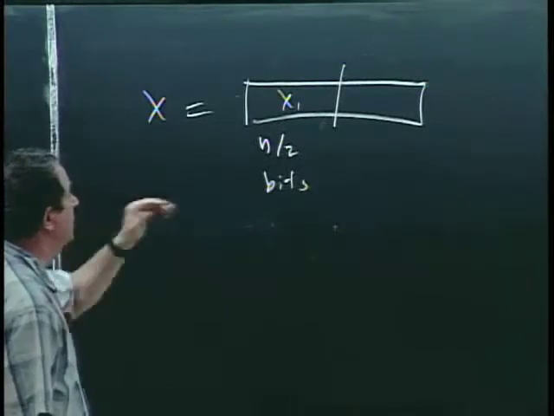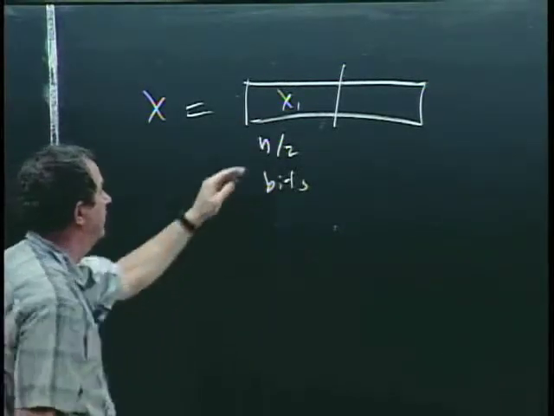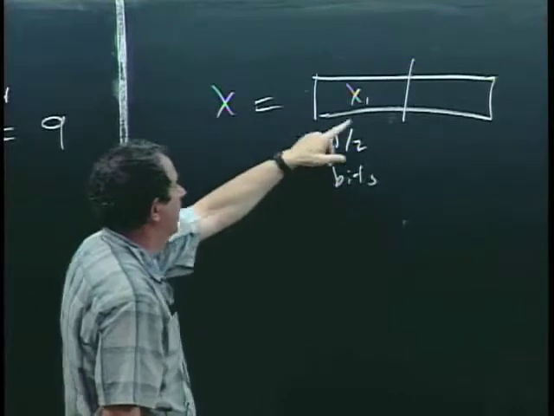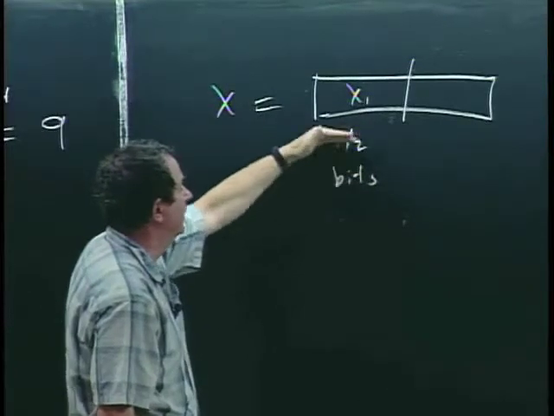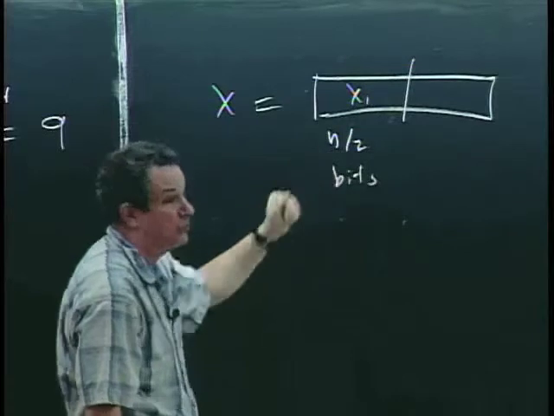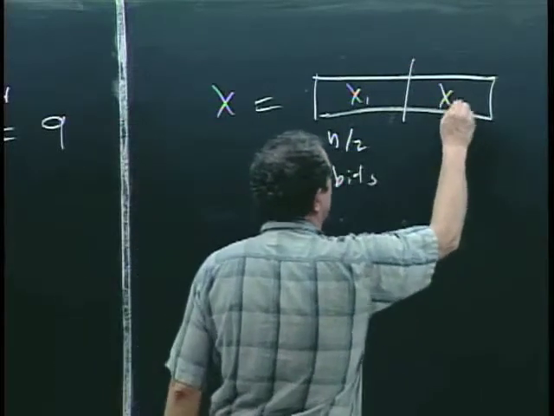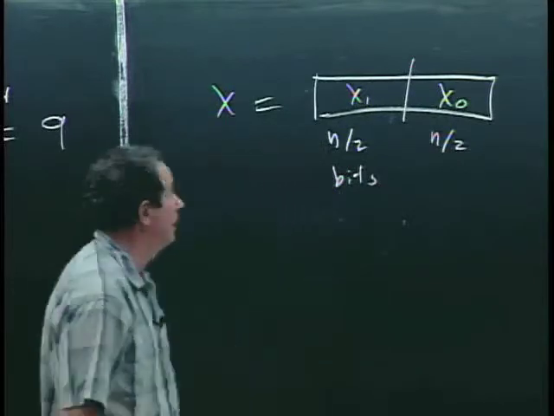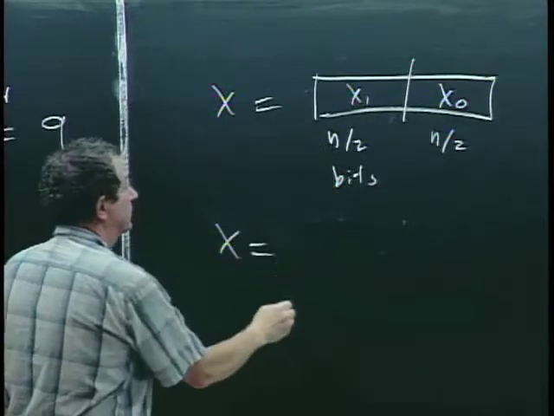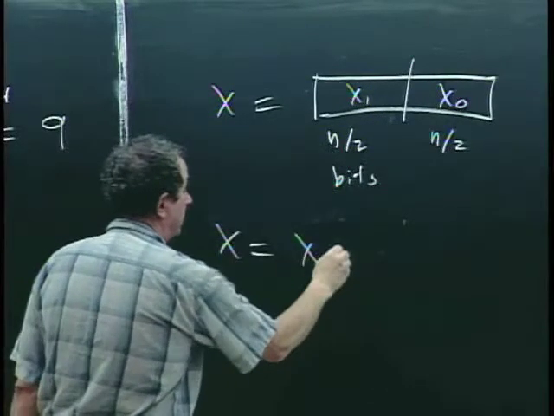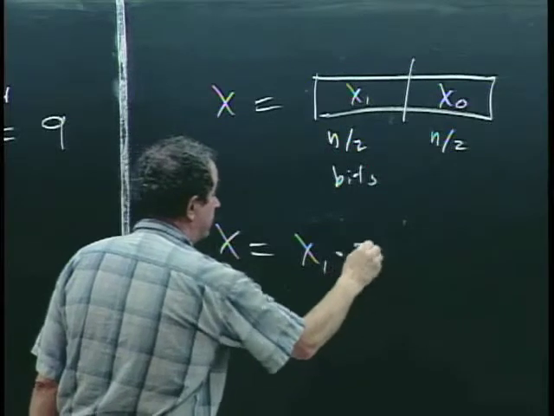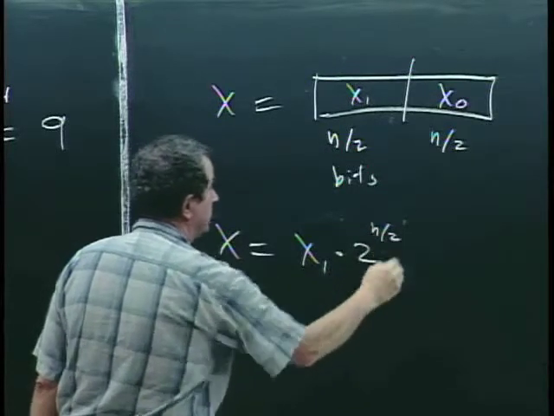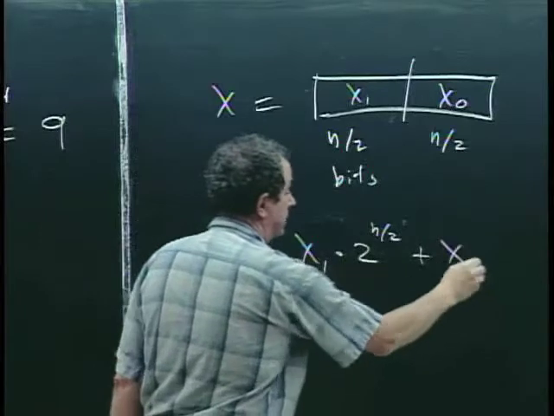Okay, so we can think of x as x1, which are the high order n over 2 bits, and x0, which are the low order n over 2 bits. And therefore, x is just equal to x1 times 2 to the n over 2 plus x0.